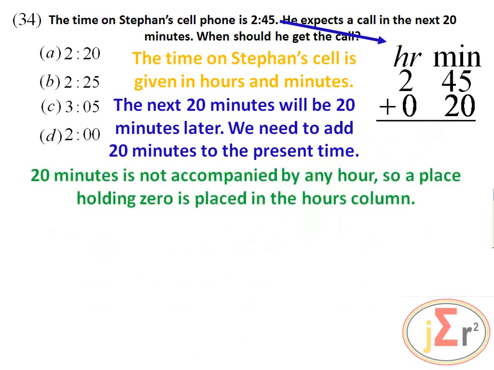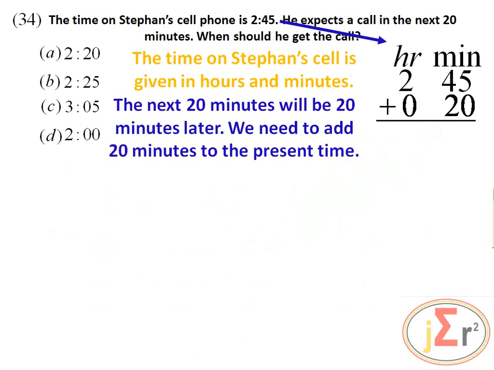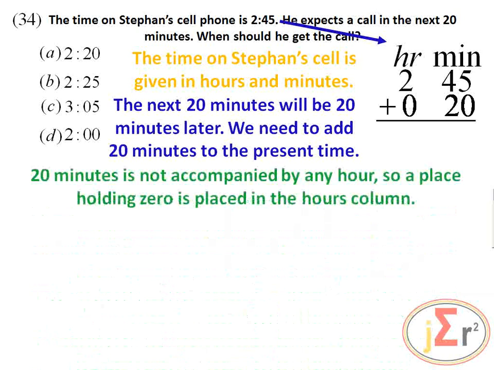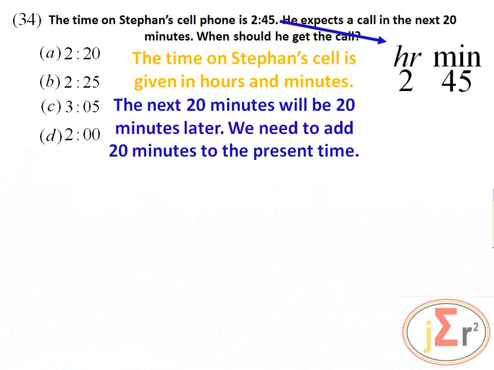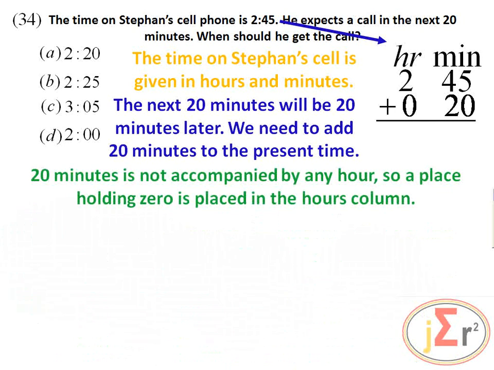What do we do? In adding the 20 minutes, we need to add minutes and hours. 20 minutes not accompanied by any hour. So a place holding 0 is placed in the hours column. So although we're adding just 20 minutes, because there is no hour, we place a place holding 0 in the hours column.